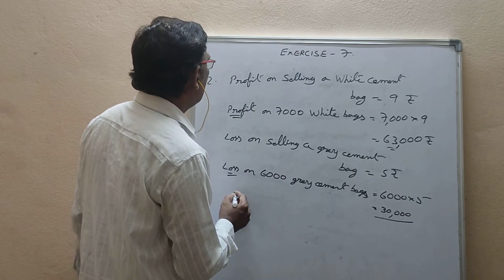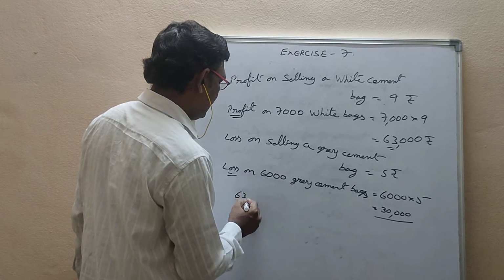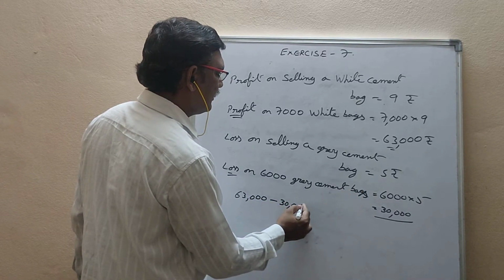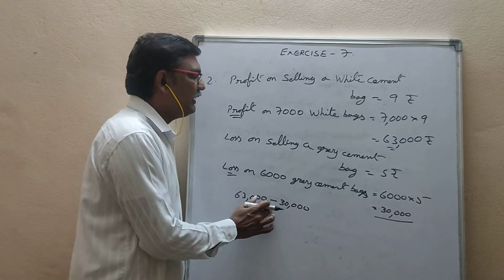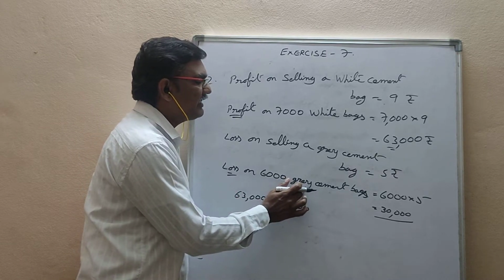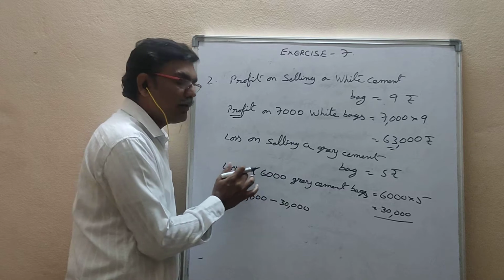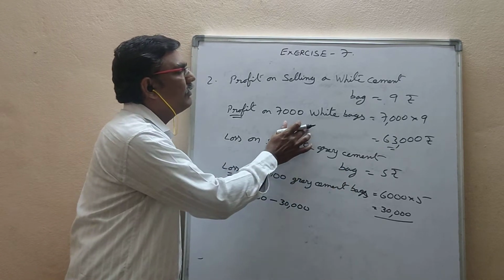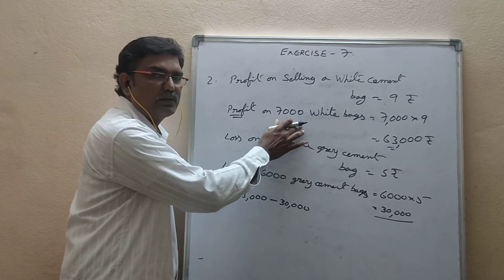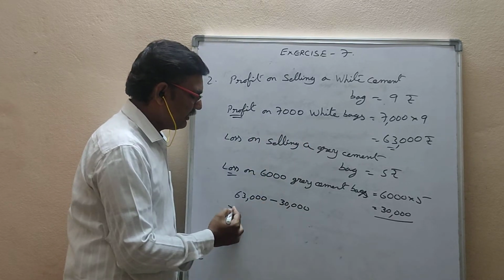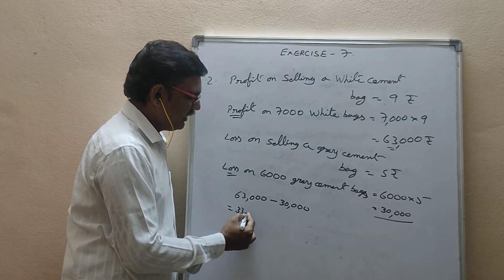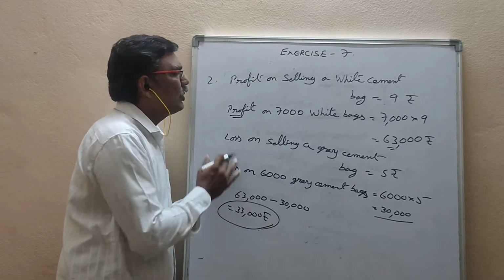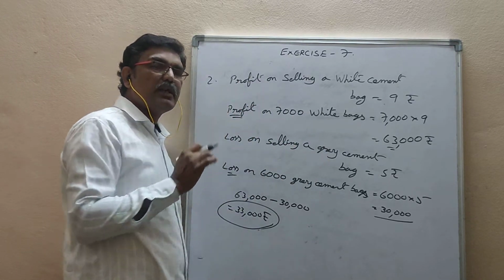So here 63,000 minus 30,000. Why did I keep minus here? Because by selling grey color cement bags, he got loss. Loss means he had to do subtraction. Where he got profit, 63,000, from that he had to subtract 30,000. How much will you get? 33,000 rupees. So this is the total profit of that company.